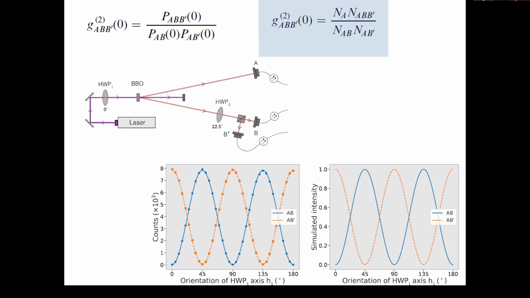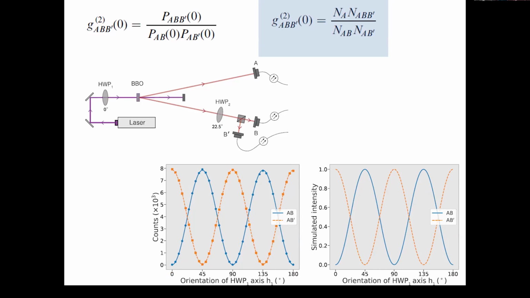Why should this numerator be 0 for the ideal case? Because it's one photon. And one photon can go either this way or this way. One photon cannot be split. Right? A photon can go either B or B prime. A photon is indestructible. You cannot split up a photon with linear optics that you're talking about. So one photon can go either this way or this way.